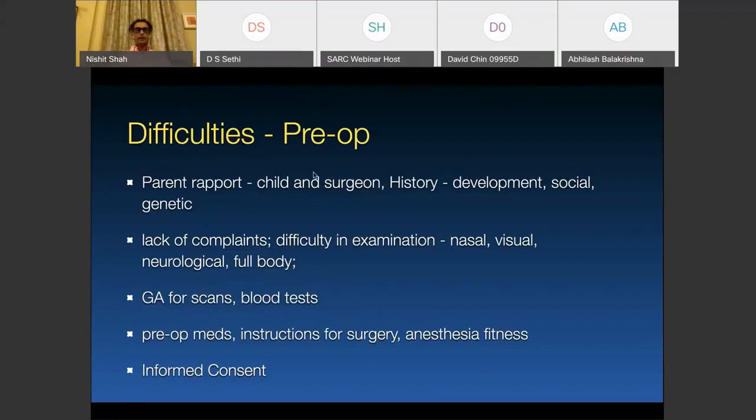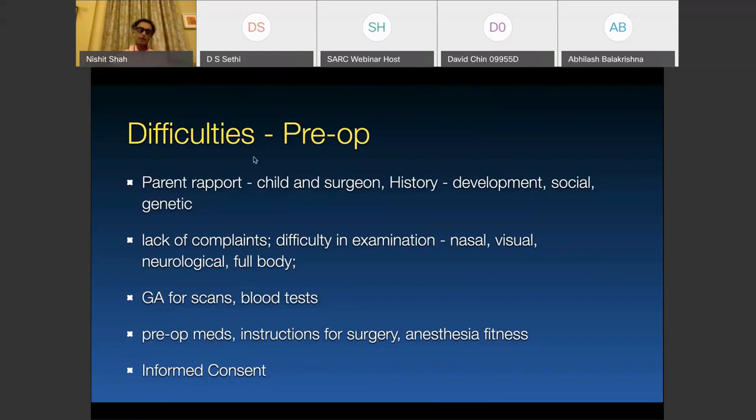To start with, a pre-op understanding: the parent rapport is very important, both with the child and with the surgeon. The parent has to understand what the child's problems are, because the child is not going to complain. He's going to be holding his head, he's going to be walking into things if his vision is not clear. And the parent has to be quick to pick it up and be their early diagnostic tool.